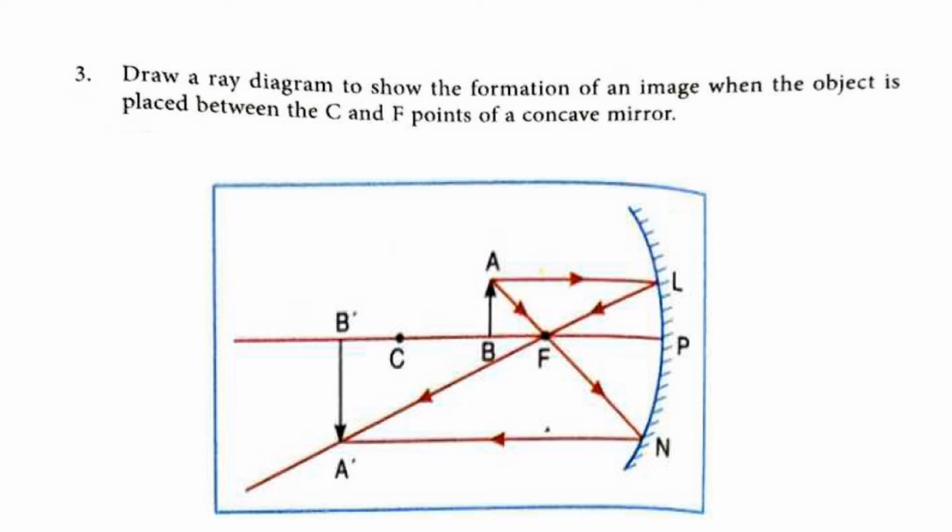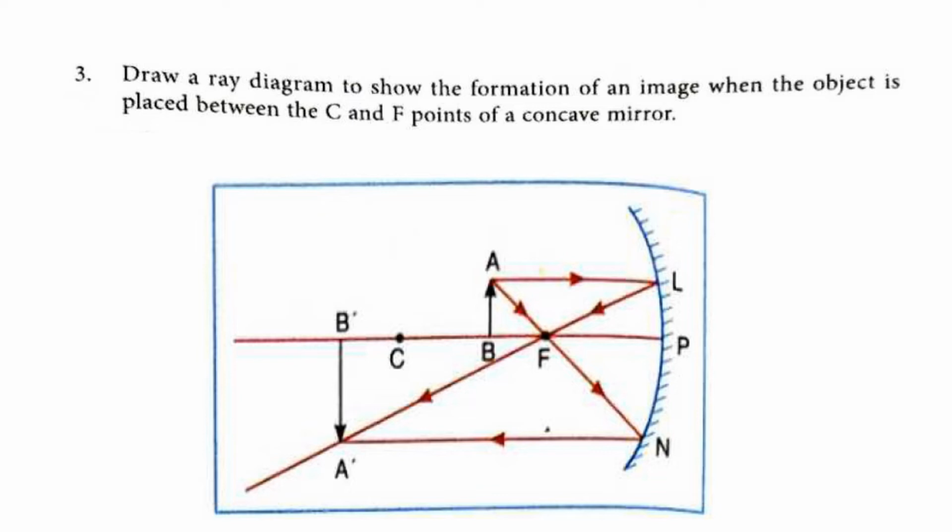So here we have the ray diagram. We are going to get the image beyond the center of curvature, and the nature, if you observe, will be real, inverted, and that too magnified image. Size will be magnified. Position means beyond C.